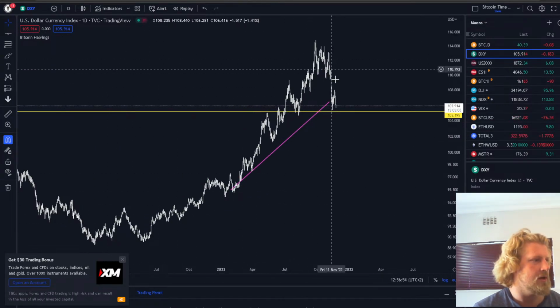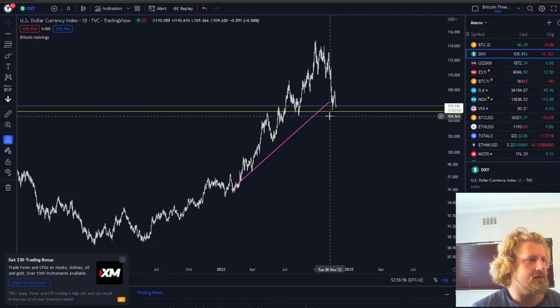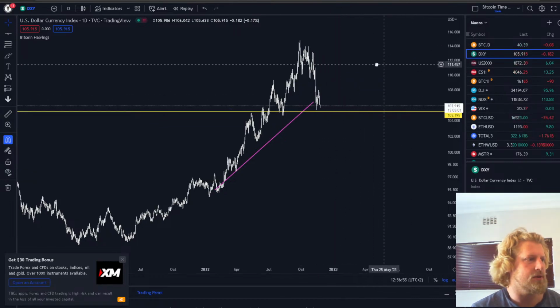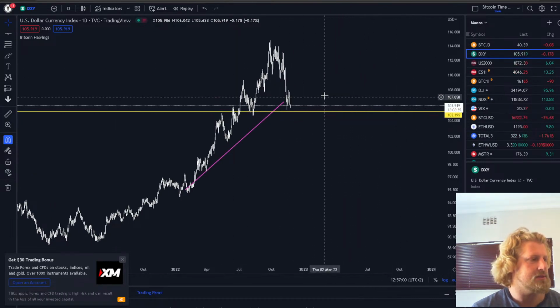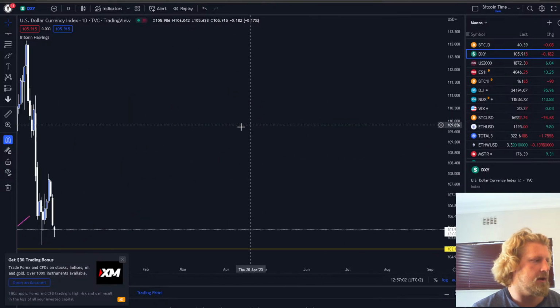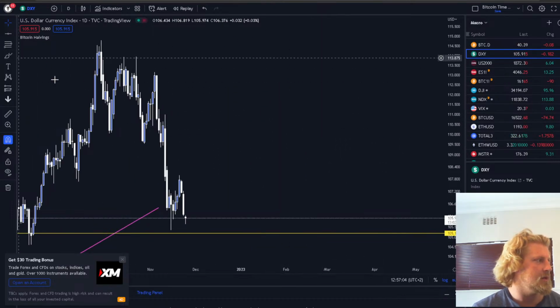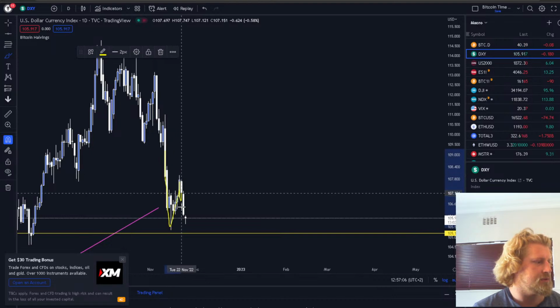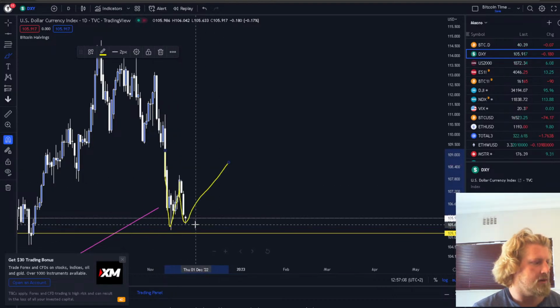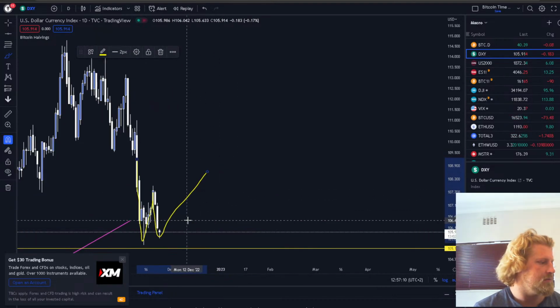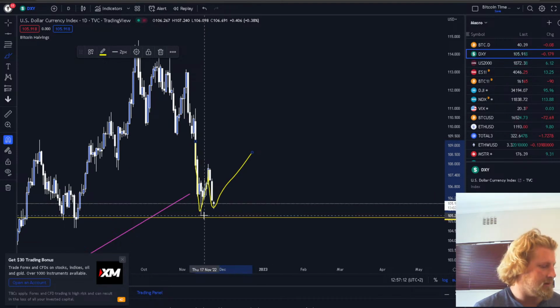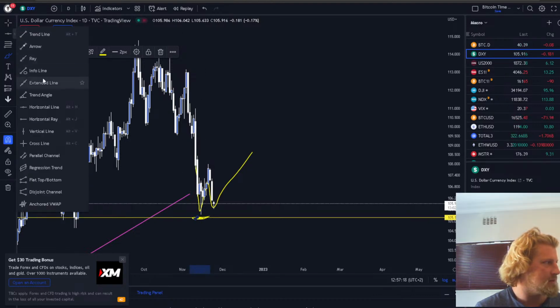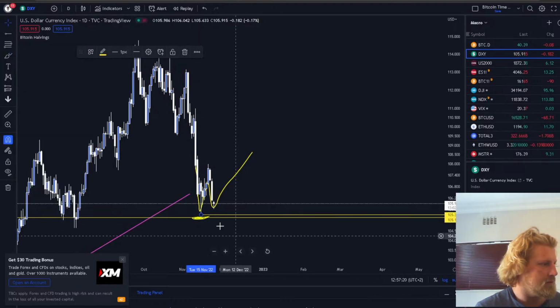So a small retracement like this is fine for a continuation to the upside, but this is starting to look like it might collapse. Although this is still bullish, because this is a higher low technically. So if we can just close below this swing, this lower low down here, what was this level down here?